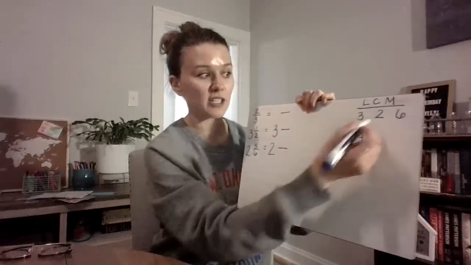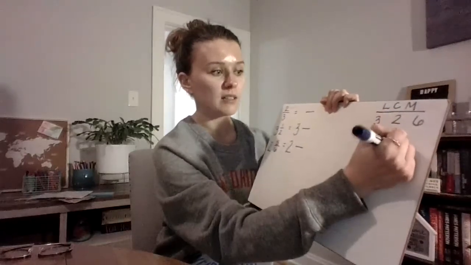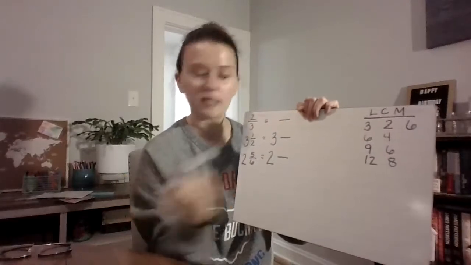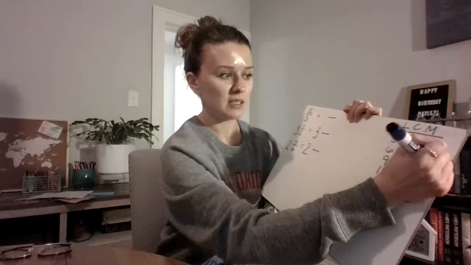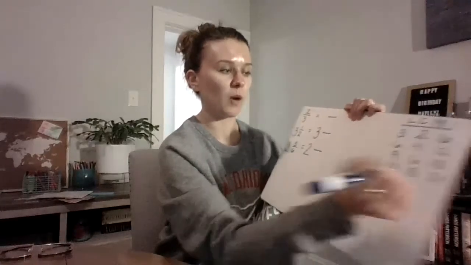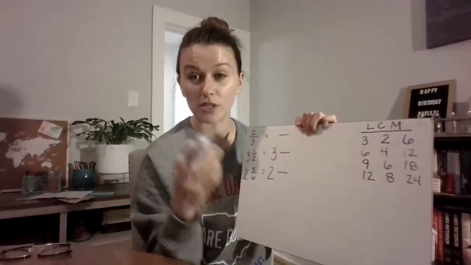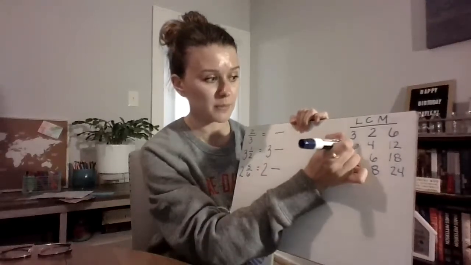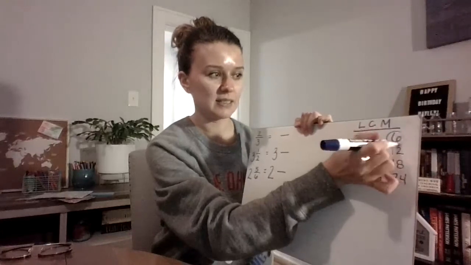We can then list our multiples for 2: 2, 4, 6, 8. And finally, we can list multiples for 6: 6, 12, 18, 24. And I'm looking for my lowest common multiple, so the smallest number that is the same for all three. And I see that that is 6.